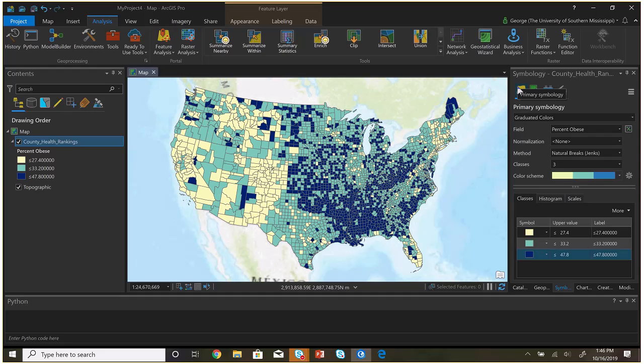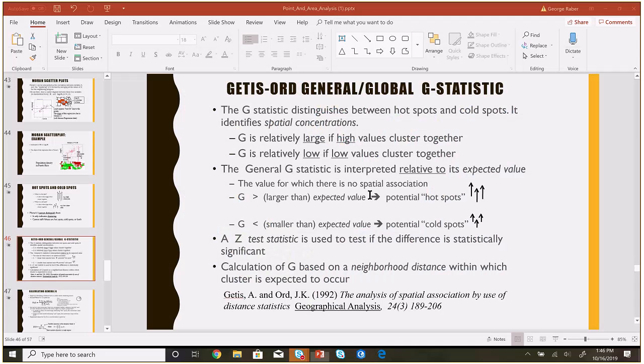So the dark blue areas are the most obese counties. The yellow are the least obese counties, and the green are the counties in the middle. Does that make sense? Percent obese. So the middle counties are more closely related than just the ones that are matched.